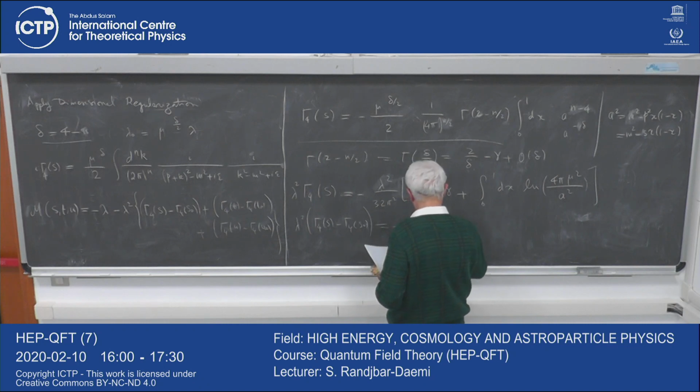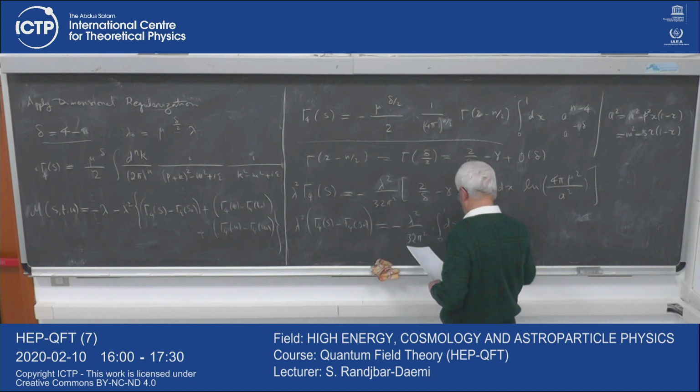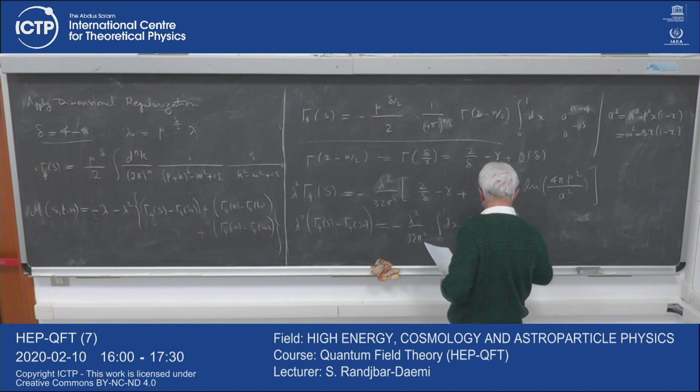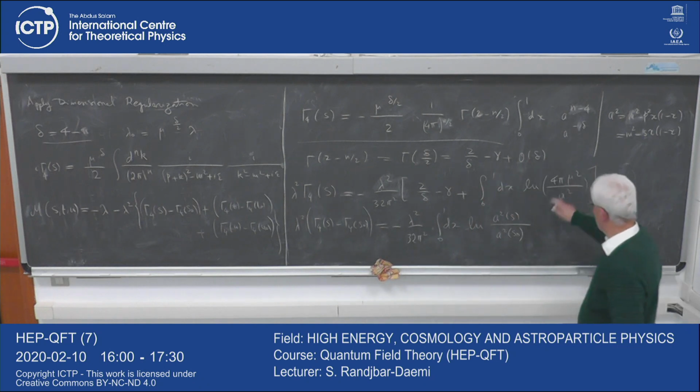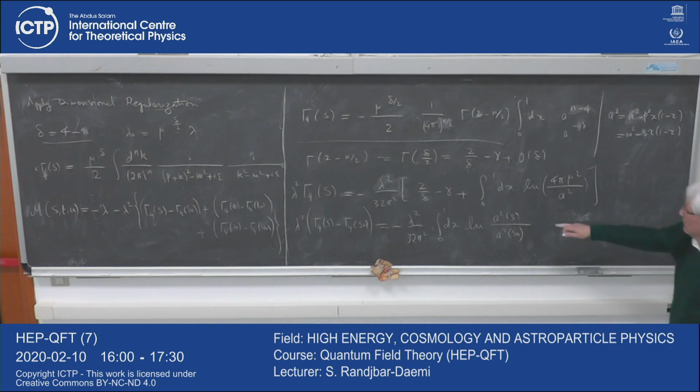Oops, another integral over dx, of course, is missing from one of the equations here, but the rest is fine. So you get, instead of mu squared, the ratio of this function evaluated at s and at 0.